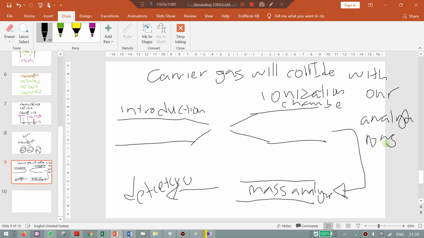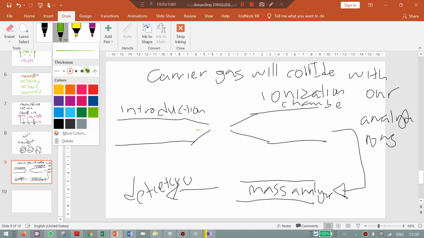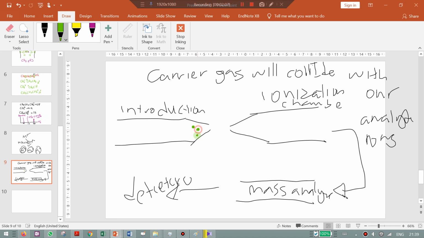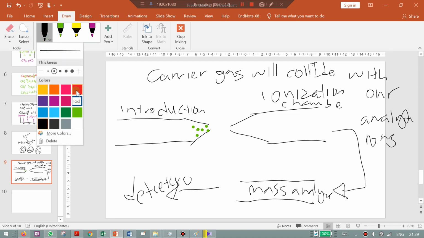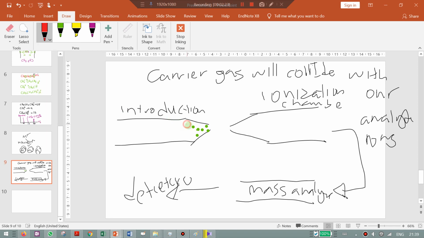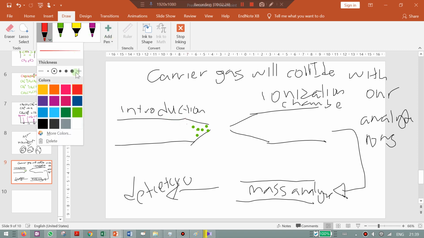Okay, so for example, the green one is our analyte, right? But at the same time, we also have our carrier gas to bring our sample from the inlet to our mass analyzer.